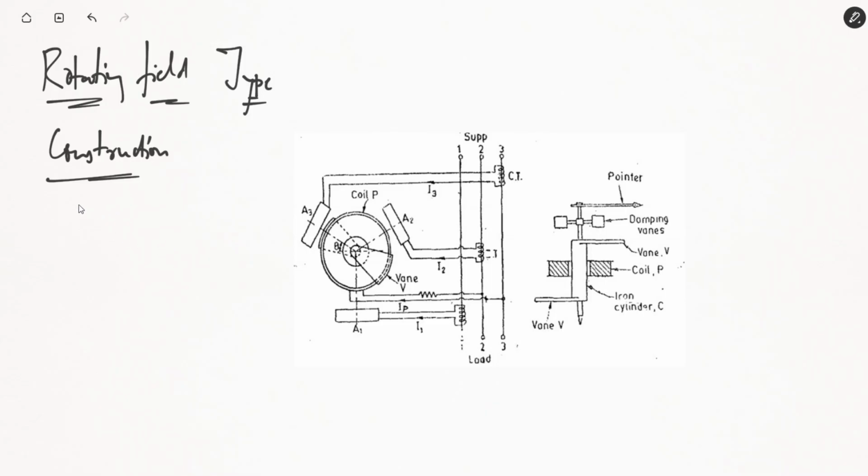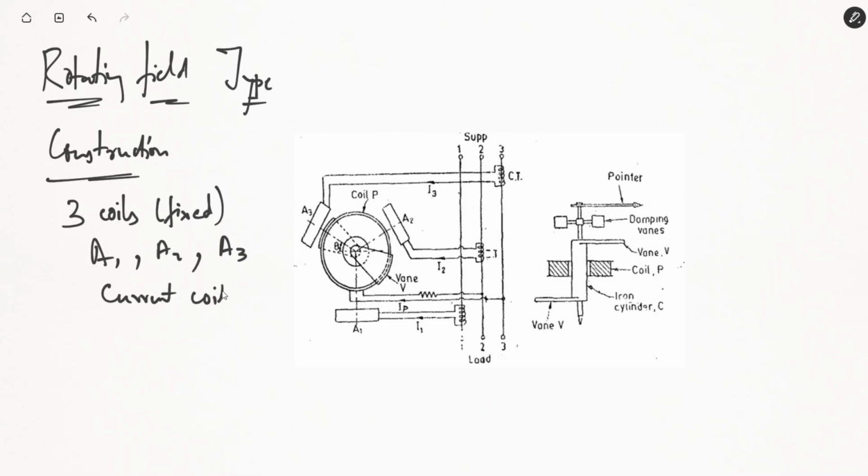Construction wise, it has three fixed coils, A1, A2 and A3. These are actually current coils. Fine, so you can see A1, A2 and A3. These three coils are fixed and they are the current coils.